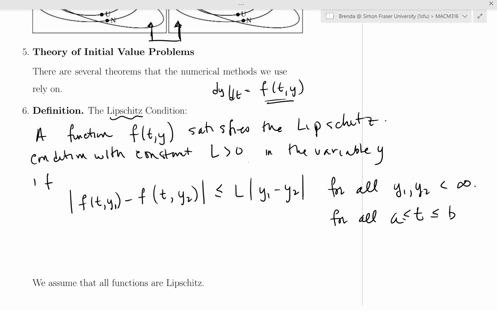Okay, let's look at this and see if we can understand what this condition is. Has anybody looked at this and can tell me, looking at this, you're saying this difference has to be always less than or equal to some number times this difference. What is that telling you, really?